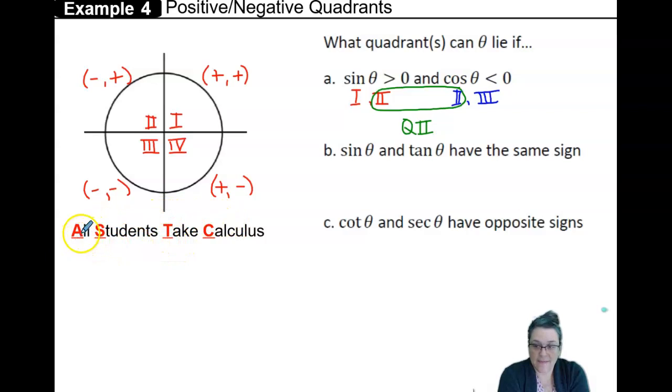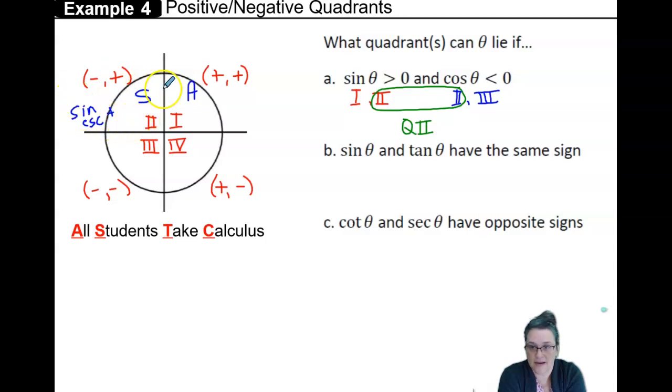The A goes in quadrant 1, and that stands for all of the trig functions are positive in quadrant 1. The S is in quadrant 2, and S tells you that the sine and its reciprocal, cosecant, are positive in quadrant 2.